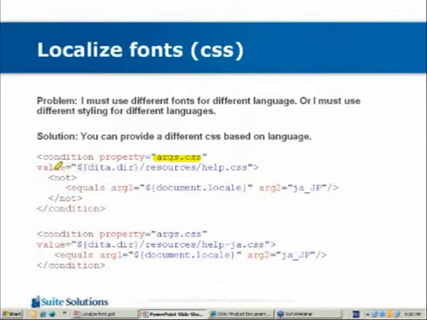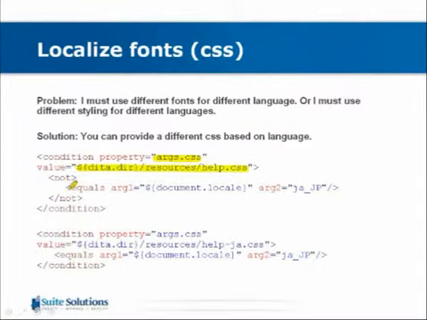You can say the value is help.css when the language is not, specifically not, Japanese. So instead of just providing args.css, I can conditionalize it and say, give me a specific CSS based on the language that I'm in.